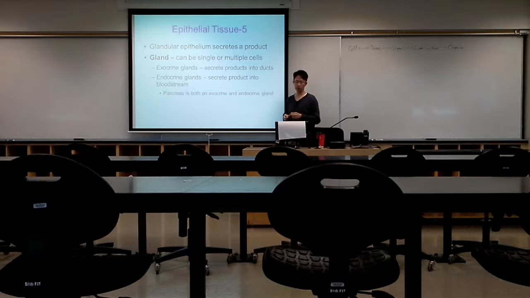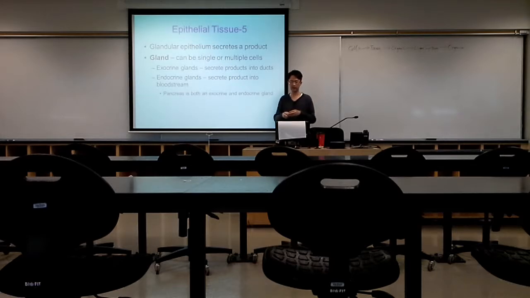Glands are epithelial cells that can secrete products. We have two types of glands. One is called exocrine gland. Exocrine glands secrete products into ducts. Usually these ducts go to the external environment, that means outside our body.